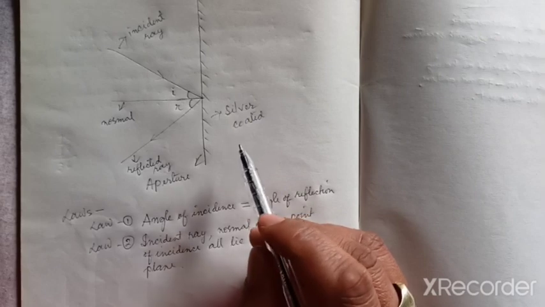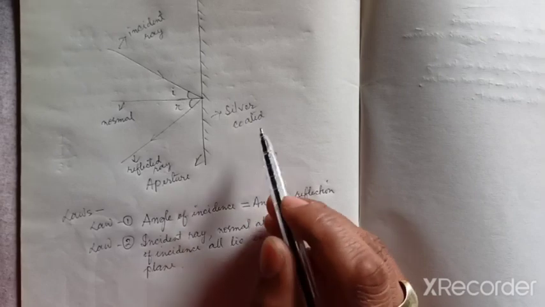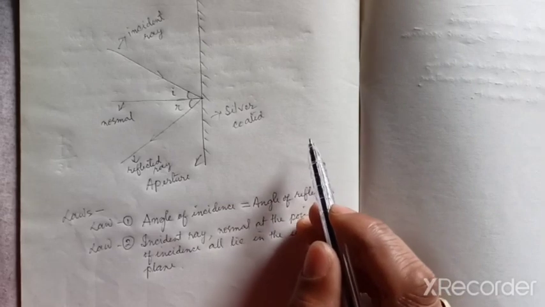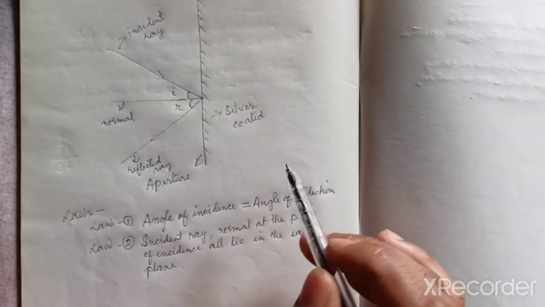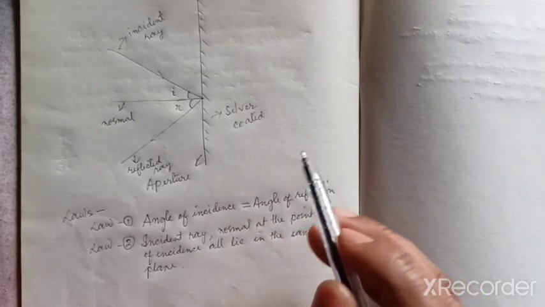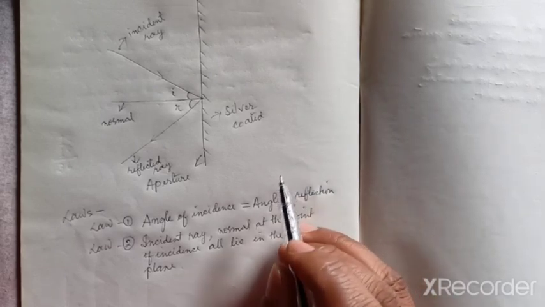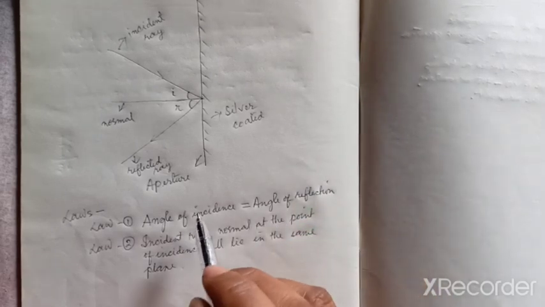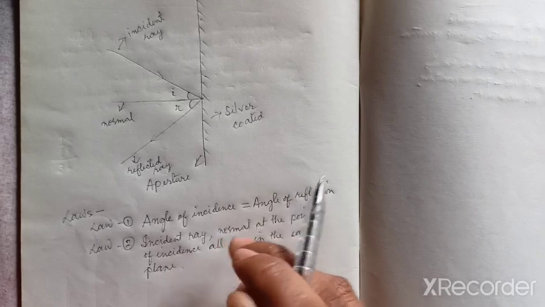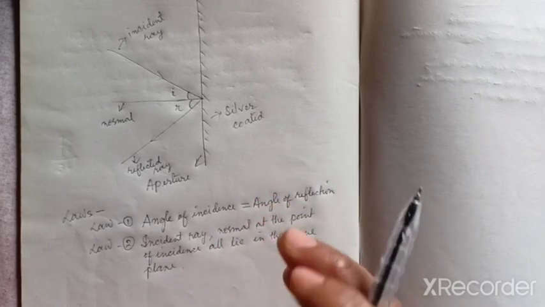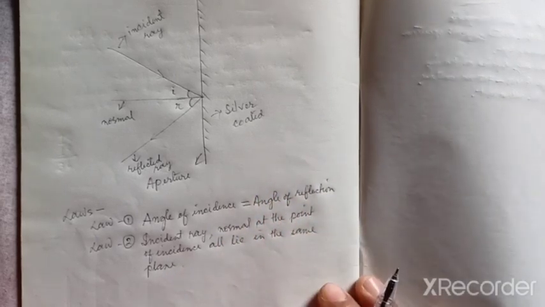And the third point, the image is formed at a distance equal to the object's distance when the object lies in front of the mirror. And the fourth point is the image formed by a plane mirror is laterally inverted. That means lateral inversion.